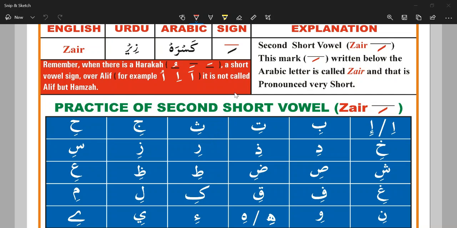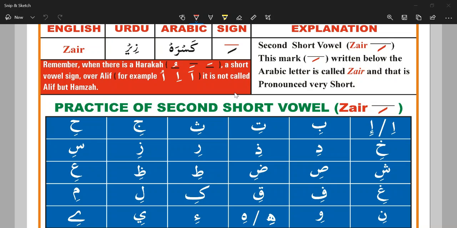Ba is the sound of the letter, and e is the sound of the Zair haraka sign. For example, Ba Zair bi. Ba is the sound of the letter, e is the sound of the short vowel of Zair. So combine both sounds, it becomes bi.